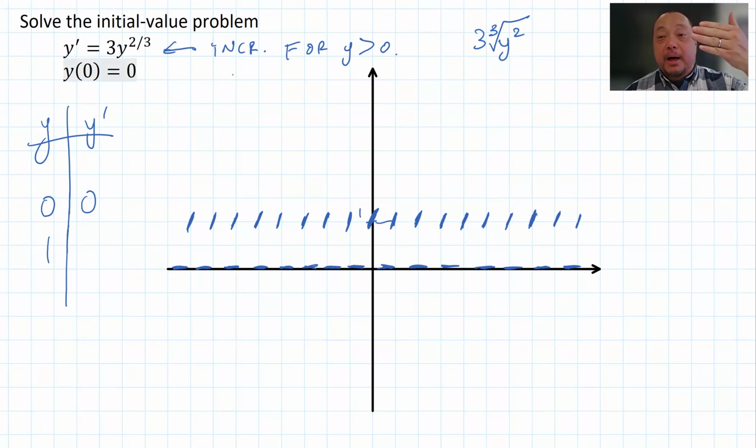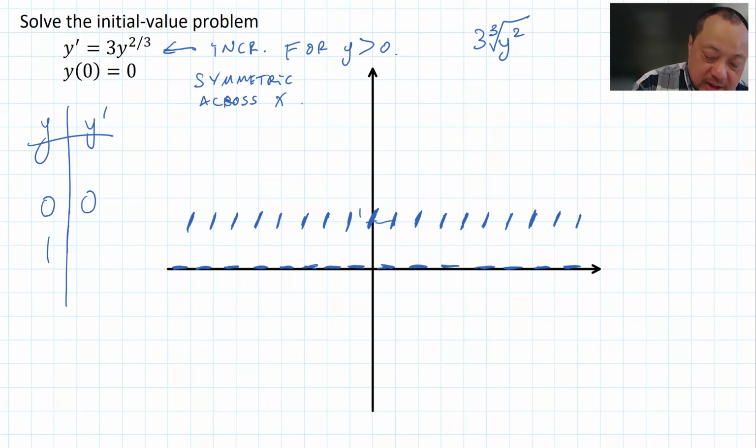So anything on the positive side is exactly the same as the negative side. That means it's symmetric across the x-axis. All of these positive 3 slopes on y equals 1 will also appear at y equals negative 1.